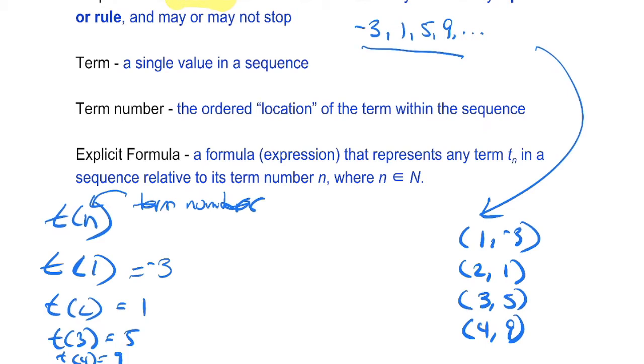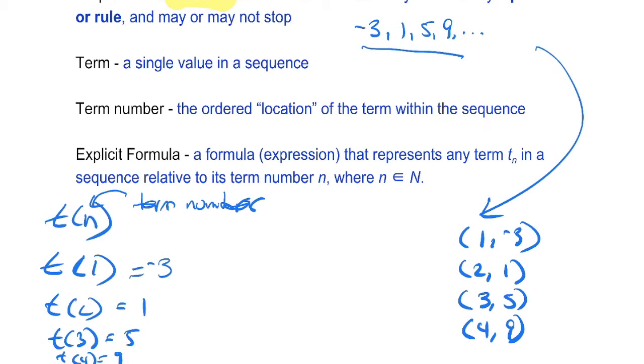So one of the things that we're going to recognize when we look at a sequence as a function is that our domain of the independent variable is very limited. In fact, it's very specific. It's always going to be 1, 2, 3, 4, and so on, because those are the ordered parts of the sequence, in other words, the location number. It could only be an integer value.